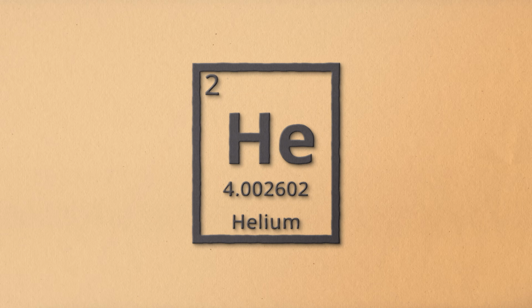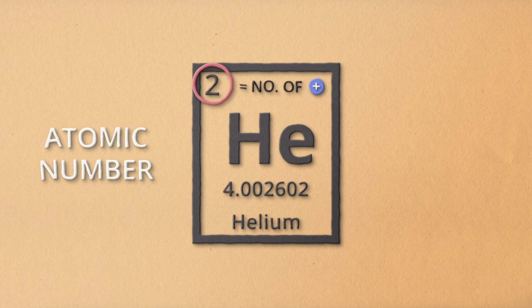And if we look closer, we can see that each element has a number. That number is the number of protons in the nucleus of an atom of a specific element. And the number has a name, which is atomic number. For example, if we look at helium, we can see that it has an atomic number of 2, which means that every helium atom has 2 protons in its nucleus.